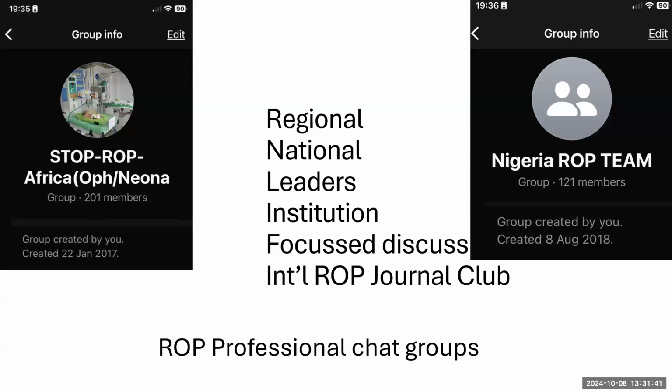Education. When we have regional, national leaders at various institutional levels talking together, which we continue to do in Africa, we have a platform that has over 200 members that we call Stop ROP Africa, where we have different people doing all manner of things. We also even started the International ROP Journal Club.